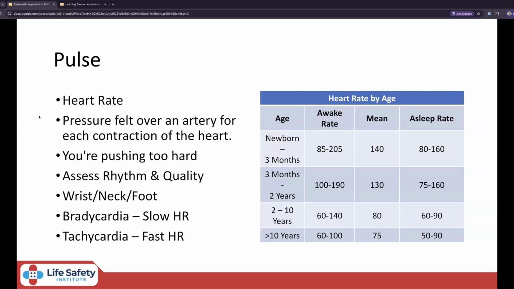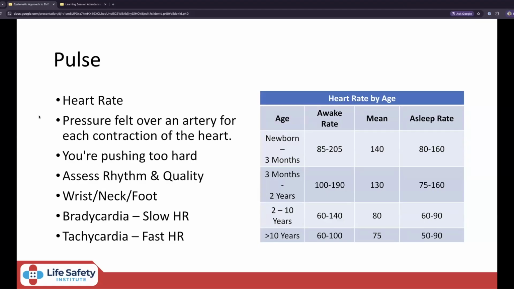So get comfortable feeling for pulses. You're feeling that pressure wave over the artery each time the heart contracts. One thing to recognize, especially if you're still developing your ability to confidently check a pulse, is that you have to be in the right spot.